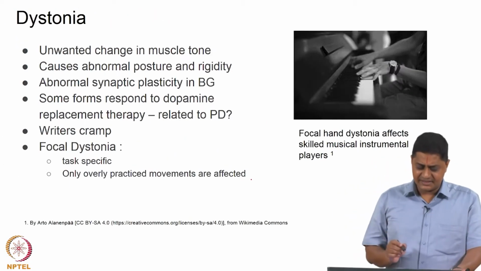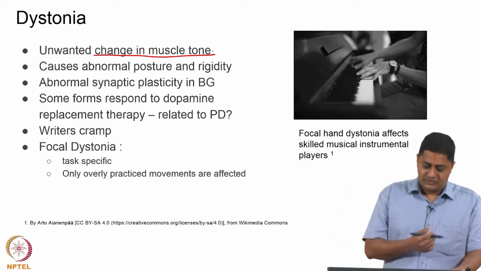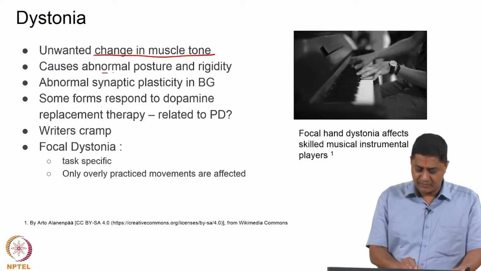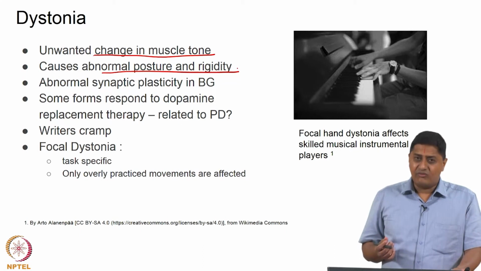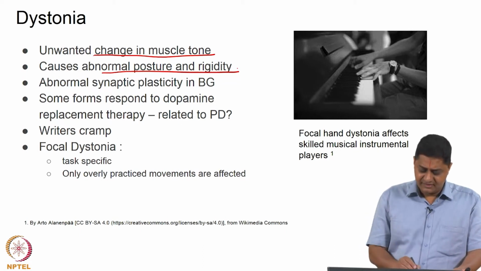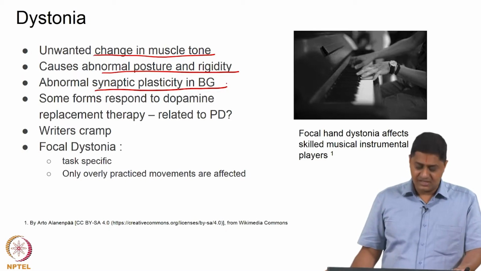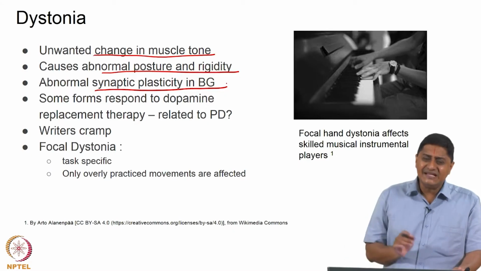Then dystonia. This is an undesirable amount of muscle tone, more than required. This leads to abnormal posture and many times rigidity. The hypothesis is that this is caused by abnormal synaptic plasticity in the basal ganglia. Then the question is, how exactly is basal ganglia implicated in this disease?